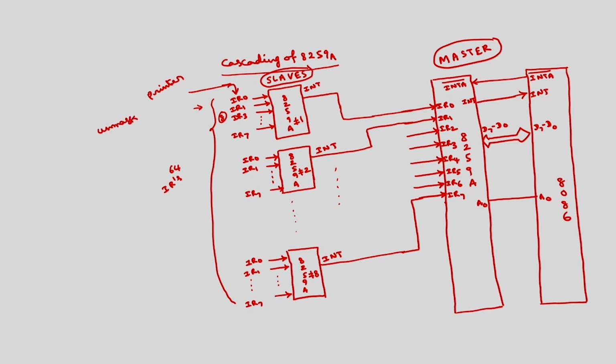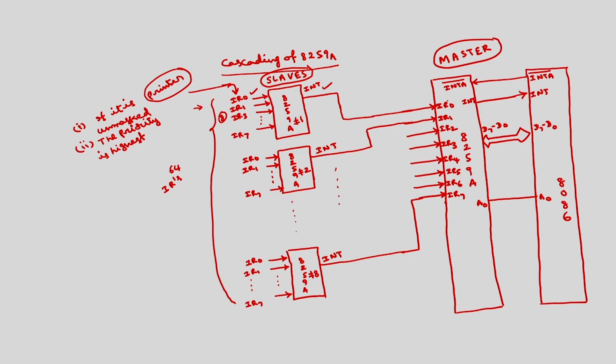How to mask and all we will discuss in the initialization register. If it is unmasked, that is one condition, and the other is that the priority of that particular IR should be highest. Then this will recognize the request placed by the printer, and this INT signal will be activated.